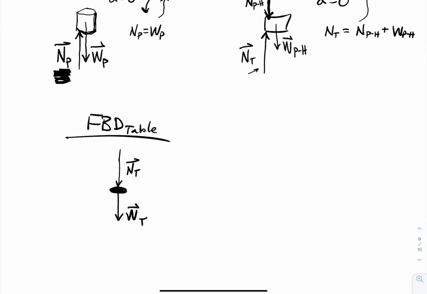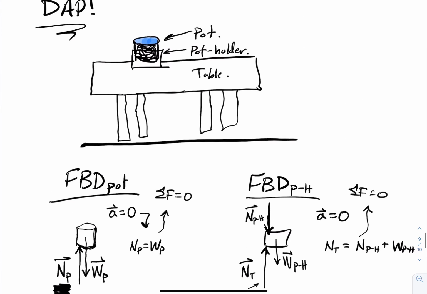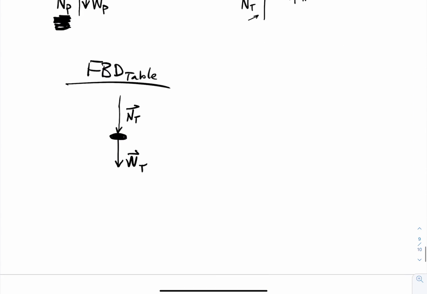And so what's keeping the table from crumbling, from falling into the earth? Well, a normal force from the earth. And really, in my picture, there'd be 4 little normal forces, but we're just going to approximate that as one normal force in our picture. That's a normal force from the ground on the table. And we know that the acceleration is 0 because it's not moving.